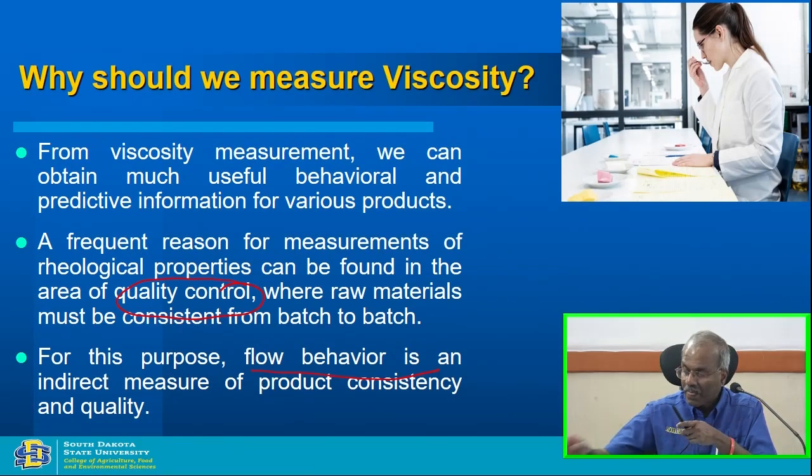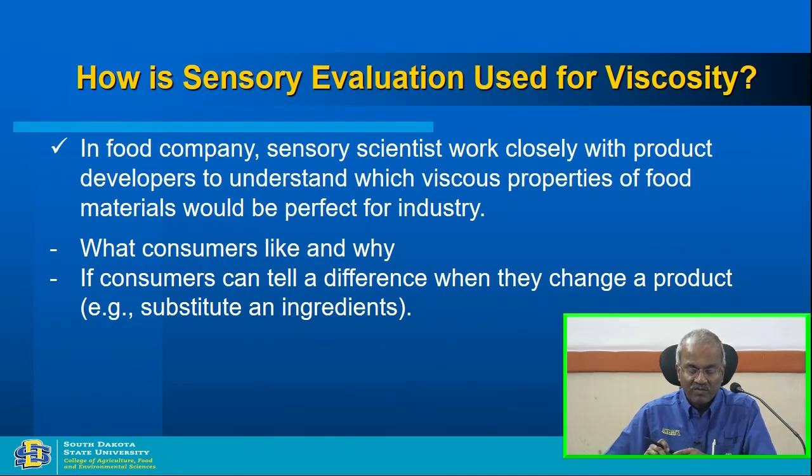So how is sensory evaluation used for viscosity? If you look at food companies, sensory scientists work closely with product developers to understand which viscous properties of food material would be perfect for the industry. They like to know what consumers like and why they like it that way.